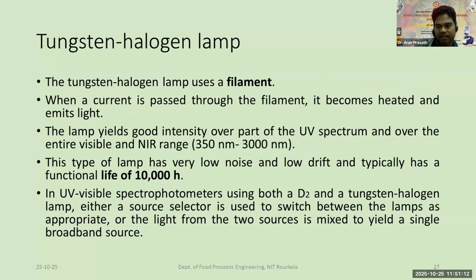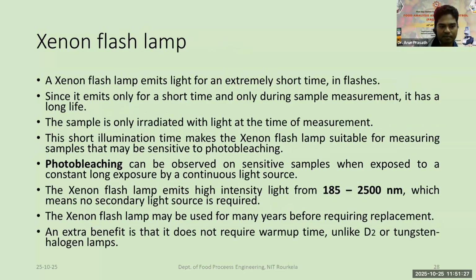The selection of the lamp depends upon the cost involved, the type of light, or which portion of the wavelength is required. Xenon flash lamps are mostly not used in the case of photosensitive materials.